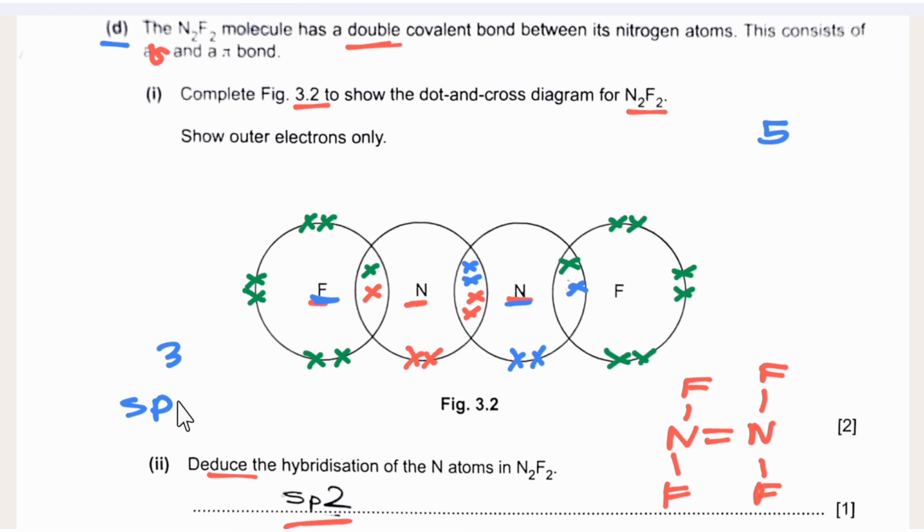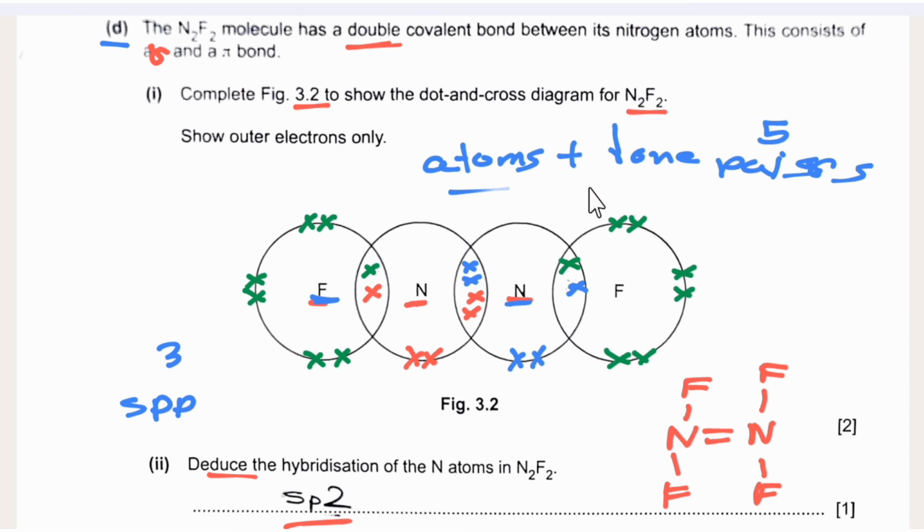The hybridization is the number of atoms attached plus the number of lone pairs. So for nitrogen, 2 atoms are attached and one lone pair, in total 3, that is sp2 hybridized.